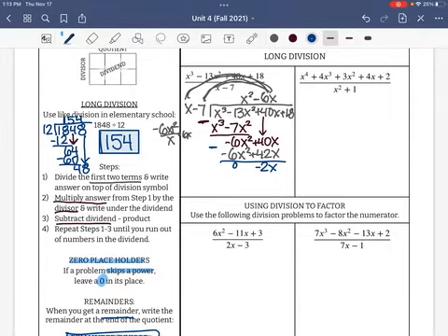Then you would divide -2x by x, which is just -2. You take that -2 and you multiply it by the two numbers in the front. So after you get an answer on the top, you multiply it by the two in front. That's going to be -2x and +14.